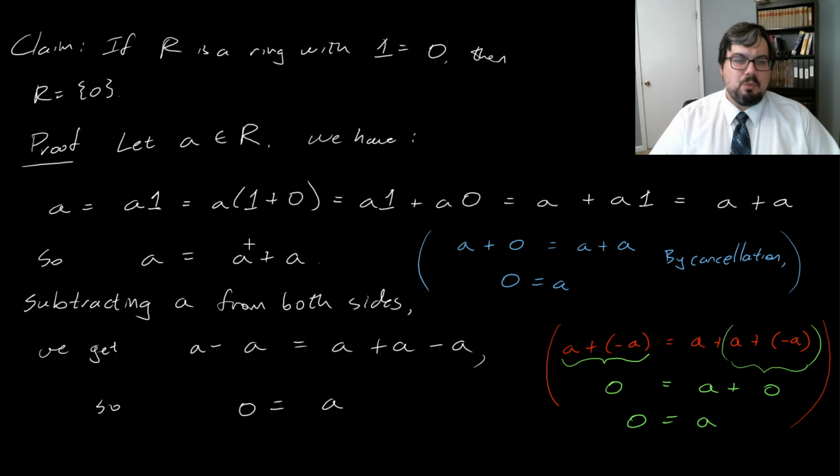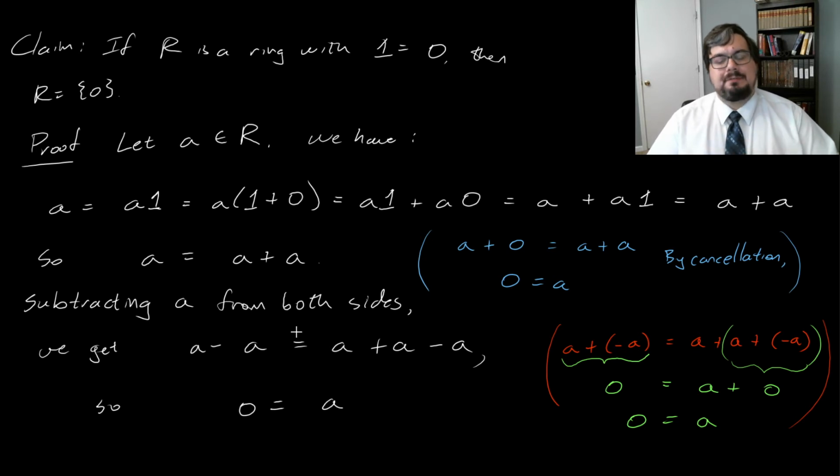So the white text that we have here is not being as precise as we might. One of the blue text or the red and green text would be more precise for what's going on. However, subtracting in a ring works exactly as you expect it to.